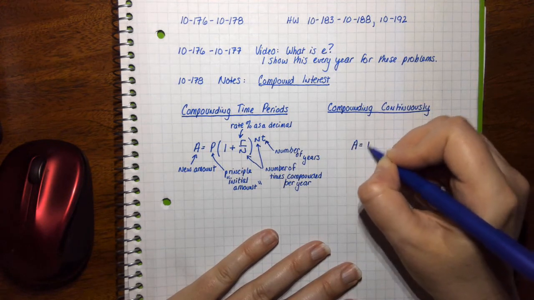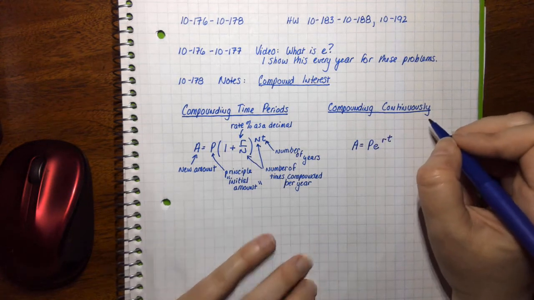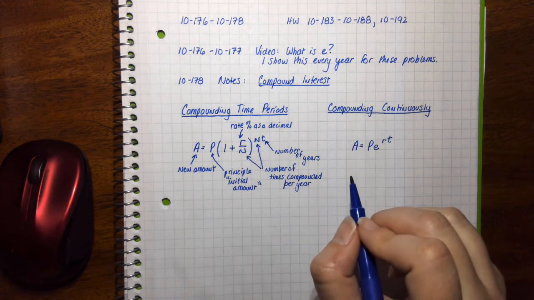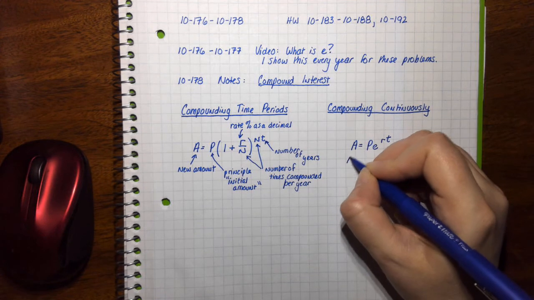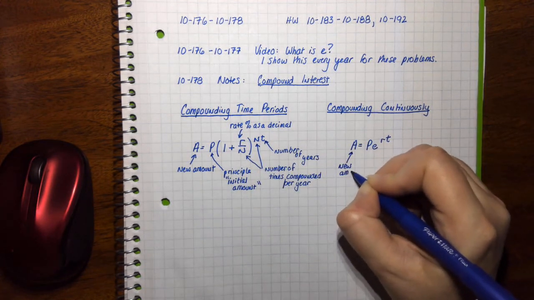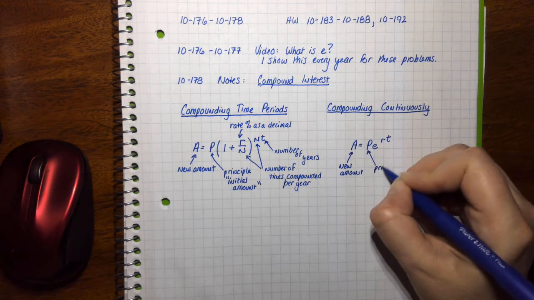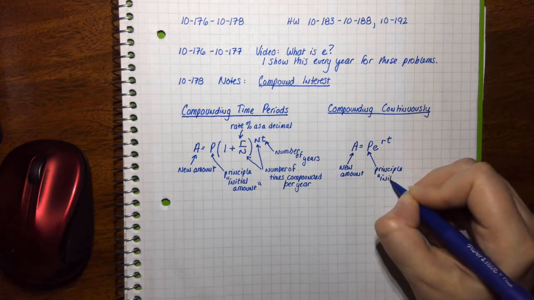A equals P E to the RT. And people call this PERT. And let me show you where E is on the calculator in a moment. So this is the same new amount. This is your principal, which is the initial amount.